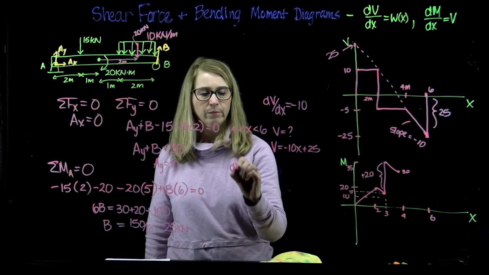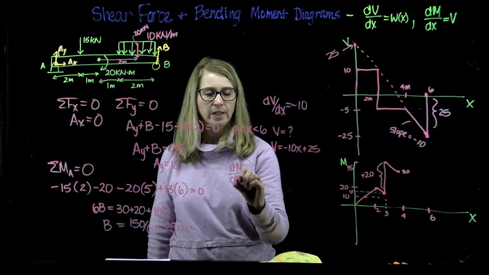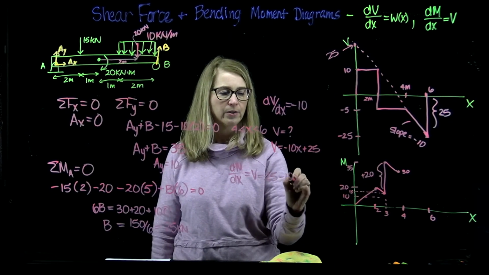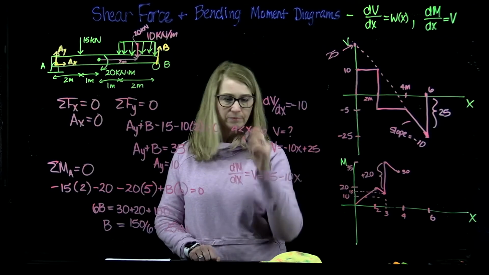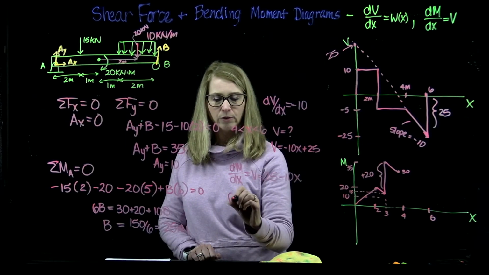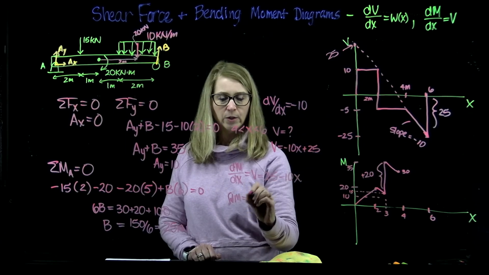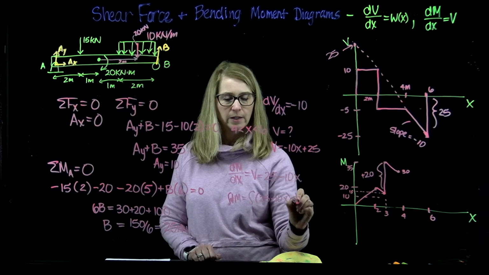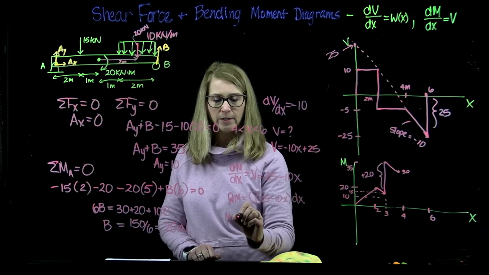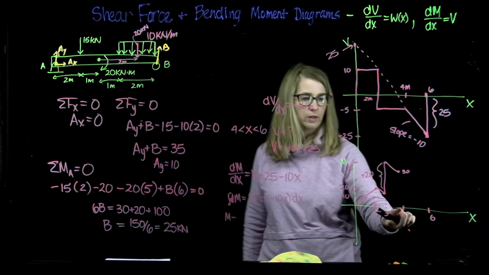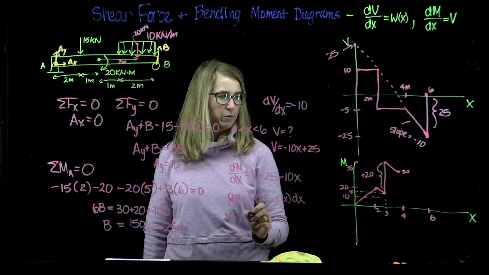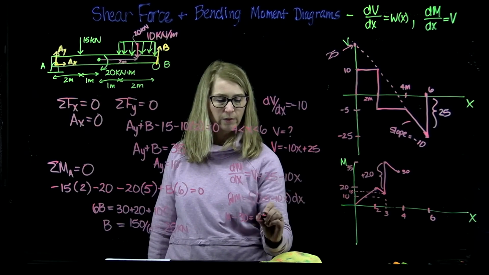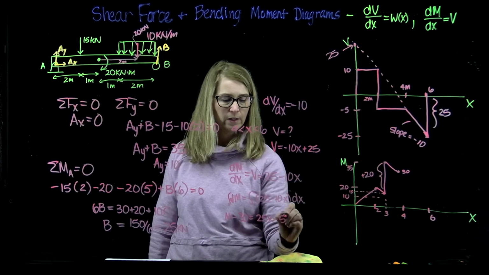And so dM/dx is equal to V, which is equal to 25 minus 10x. And so the integral of dM is equal to the integral of 25 minus 10x dx. This is equal to M minus the M at 4, which was 30, and then this is going to be 25x minus 5x squared.